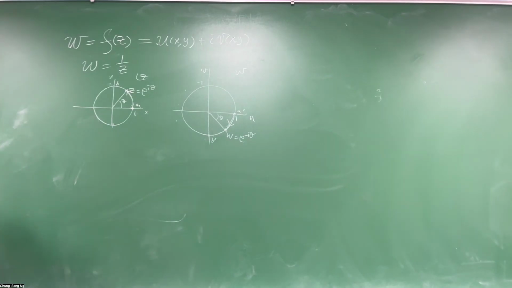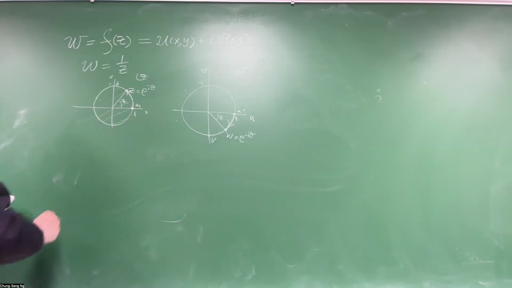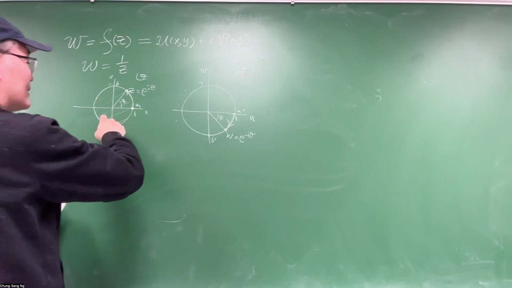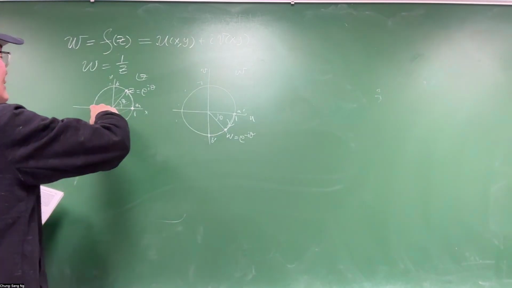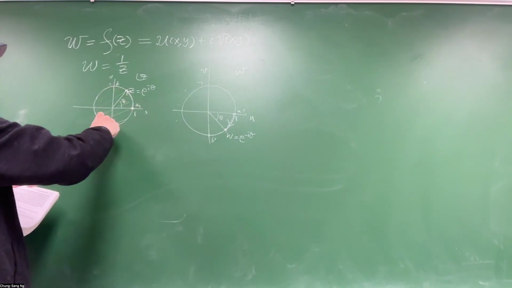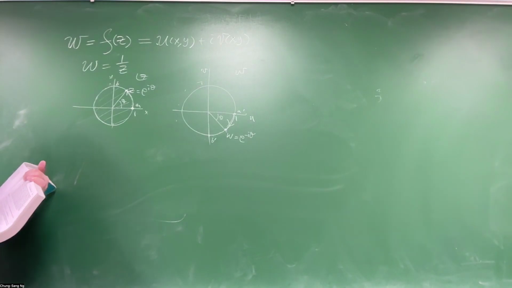Another consideration is mapping the whole region, right? Obviously, the interior of the unit circle will map to another region. The boundary maps to the unit circle. We know that. So all the points in the interior will map to one region of the W plane.